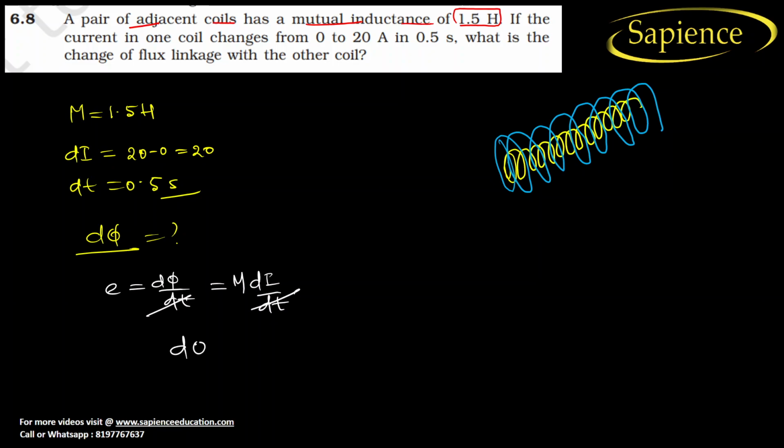So finally we can say that d phi is equal to M into di. Mutual inductance is 1.5 and the change in current is 20. We don't require the change in time at all, so we can say that it is 30 Weber. I hope you have understood this one.